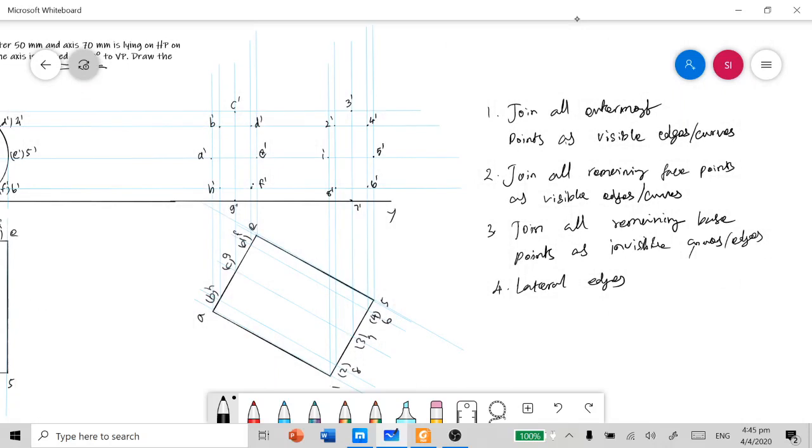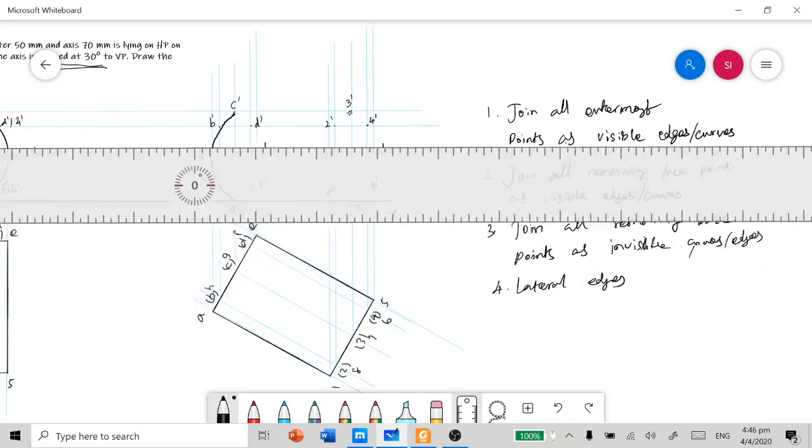So joining the outermost points as visible curves, the portion G dash up to C dash is a curve portion, so I need to connect it with a smooth curve, and the portion C dash to 3 dash is the generator, so you have to connect it with a straight line.